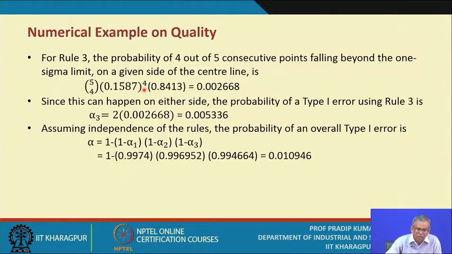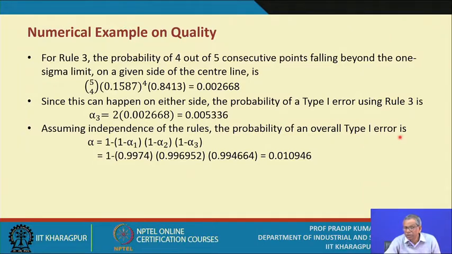And 4 points out of 5 consecutive points means 0.1587 to the power 4, and the fifth point may be anywhere, that means 0.8413. So this is the value, and since this can happen on either side, the probability of a type 1 error using rule 3 is twice this value, that means 2 times 0.002668, so alpha 3 is 0.005336.